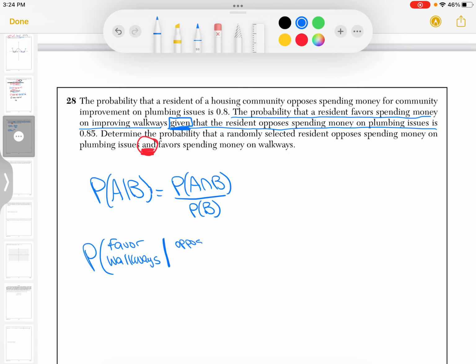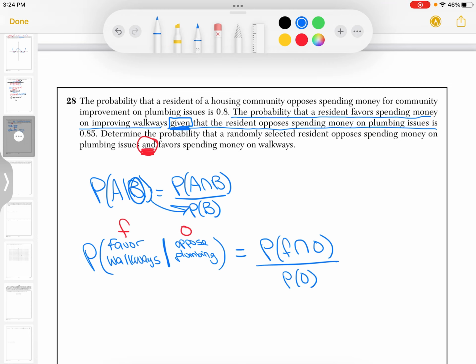So oppose plumbing. Okay, and again, to shorthand this, I'm just going to call this F for favor and O for oppose. So that when I write this side, it's a little bit easier. This will be favor and oppose over just the probability of oppose, because that second thing goes on the bottom. That means this is going to go on the bottom.